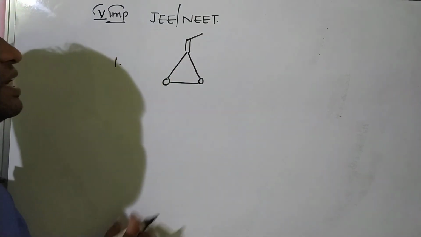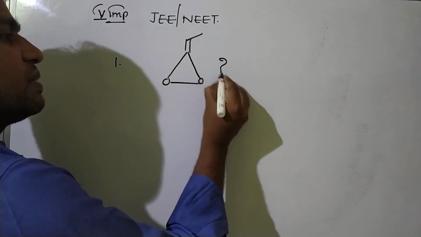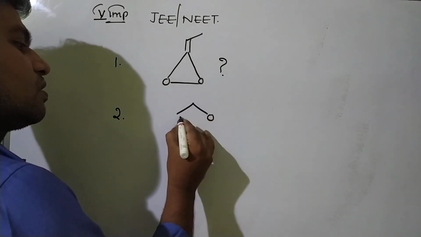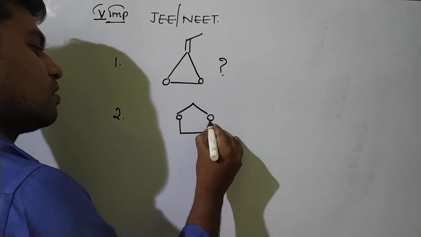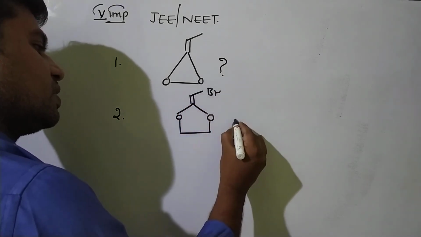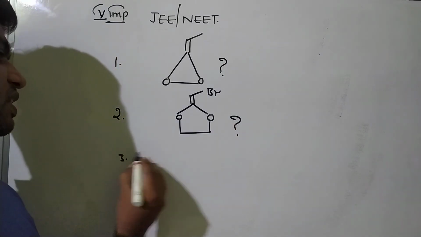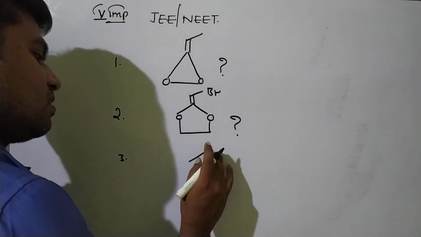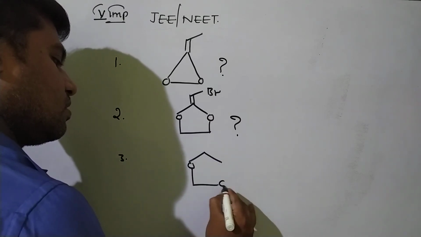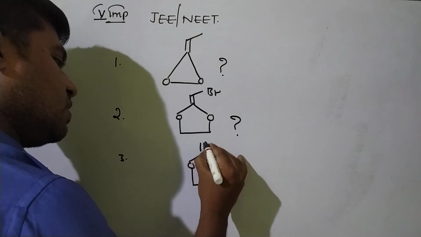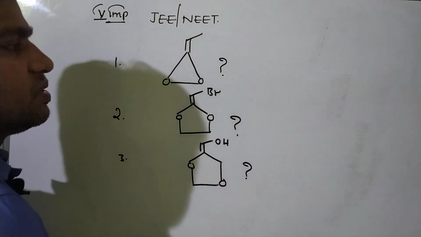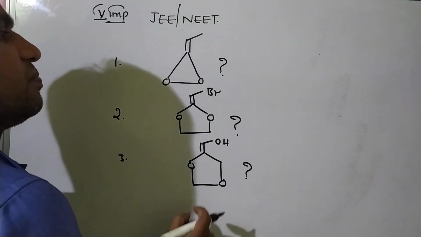Does it exhibit geometrical isomerism or not? The second one has a double bond and here a bromine atom. And the third one has a double bond and here an OH. Okay, listen. Very easy to answer.